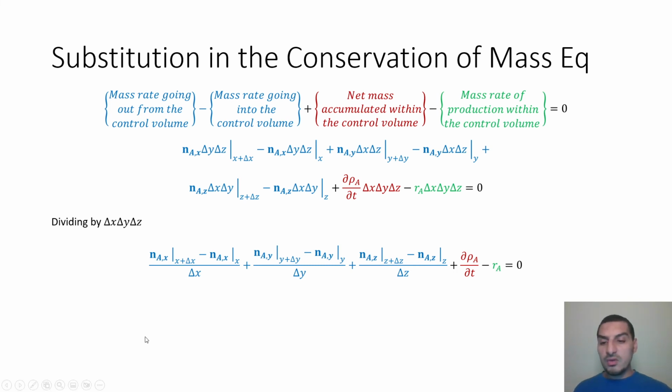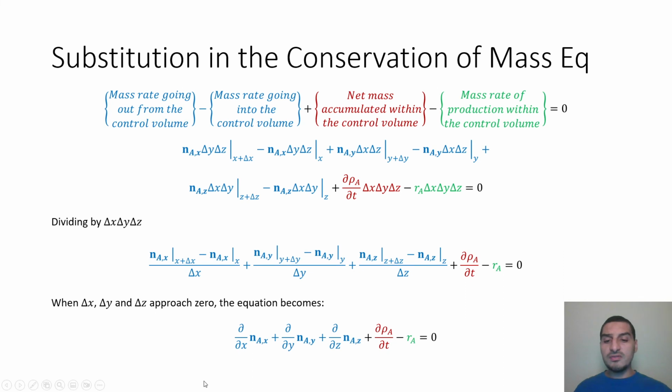If we put the limit of this term as delta X tends to 0, this is going to be exactly the definition of the differentiation. So this is the differentiation of NA with respect to X, NAX of course, and this is the differentiation of NAY with respect to Y. This is the differentiation of NAZ with respect to Z, and then these are the last two terms.